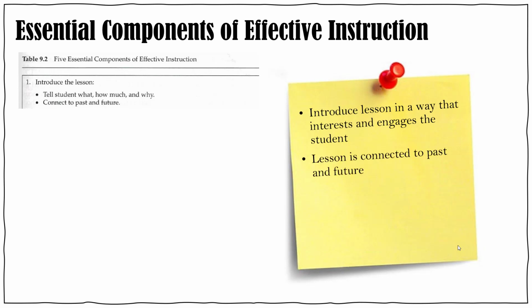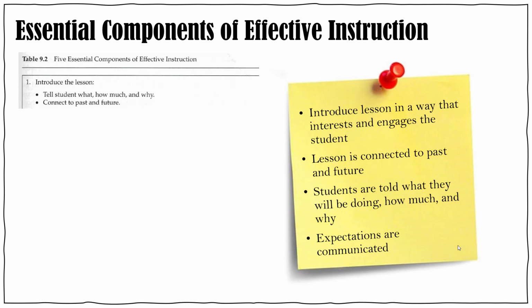Tell stories, connect it to the past and the future, like is on this table. Once again, that's on the table. Make sure you tell students what they're going to be doing, why they're doing it, and you communicate your expectations and you're really clear. This is where that chance thing comes into play as well.